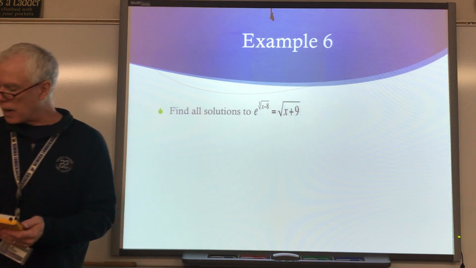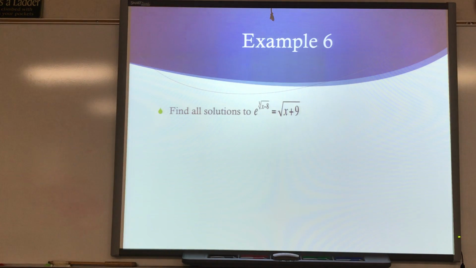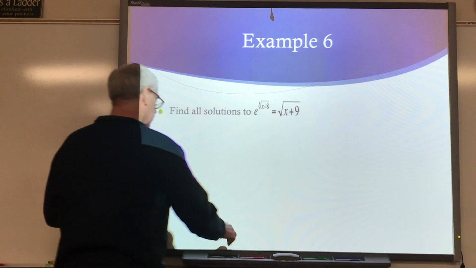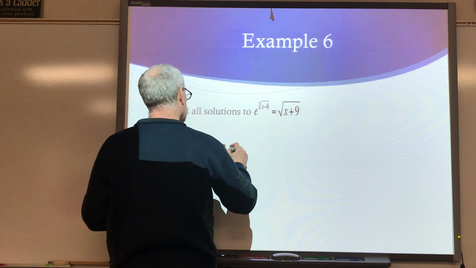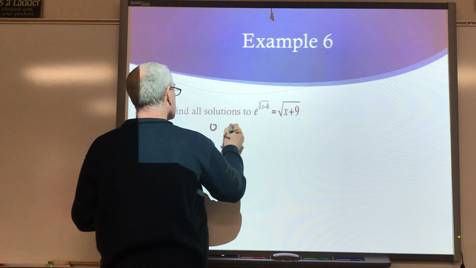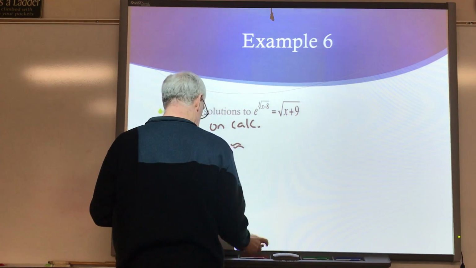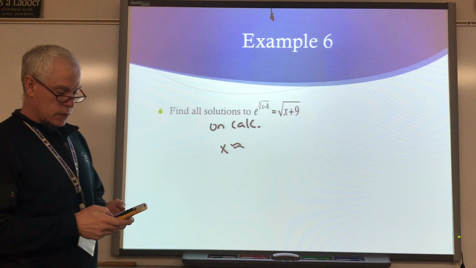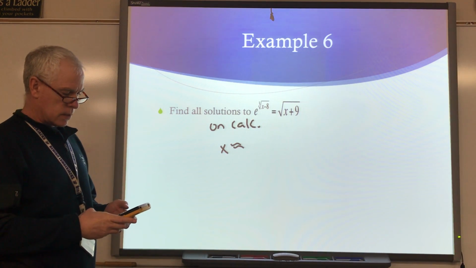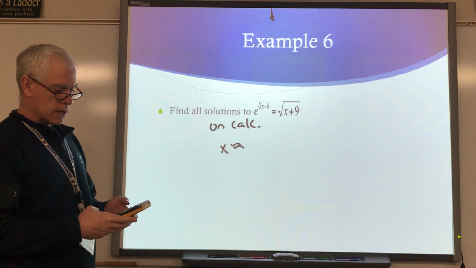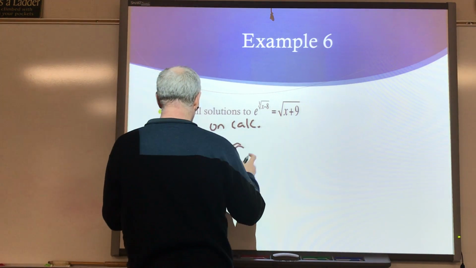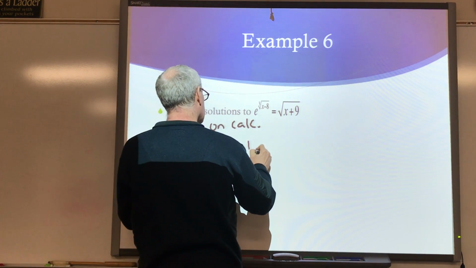And I'm going to regraph for a second. Okay, so it looks like they cross in there. I'm going to go to second calculate, which is above trace. I'm going to choose intersect. First curve, second curve, guess. My calculator is telling me about 11.43 for the x coordinate.